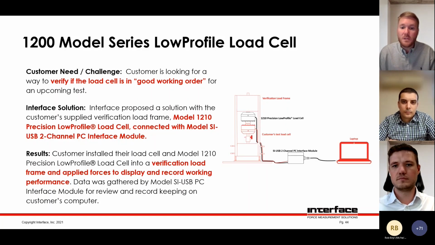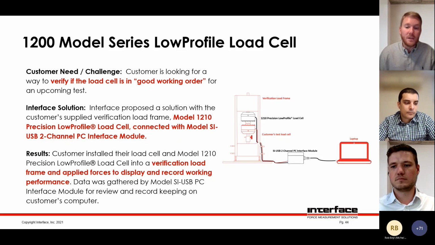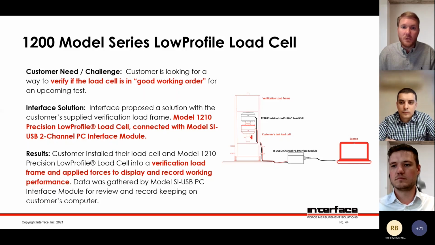If it's doing what you expect it to do, great. Put the load cell back in and continue your troubleshooting elsewhere. If you're receiving measurements that aren't desirable, that might be time to ship the load cell back to Interface, let us calibrate it, and do any type of troubleshooting that we might need to do in the rig.